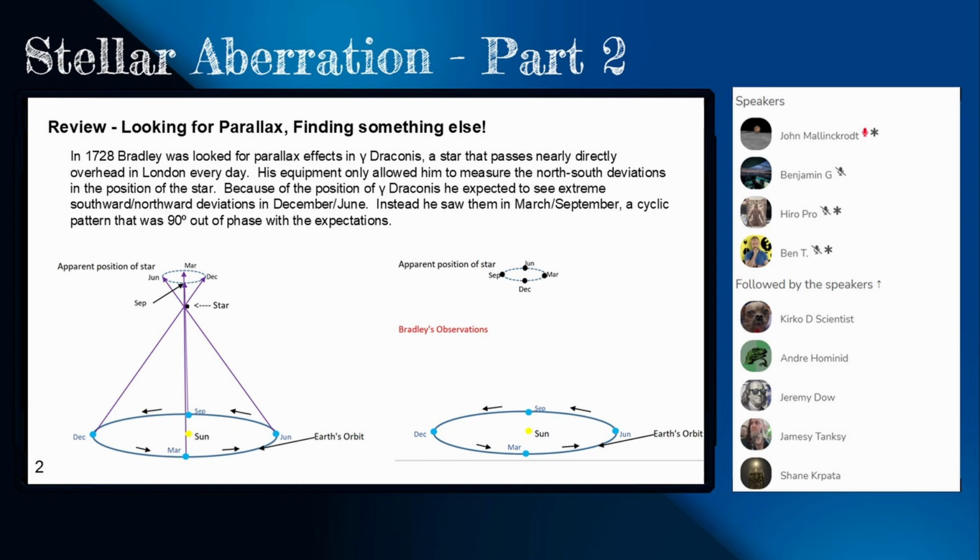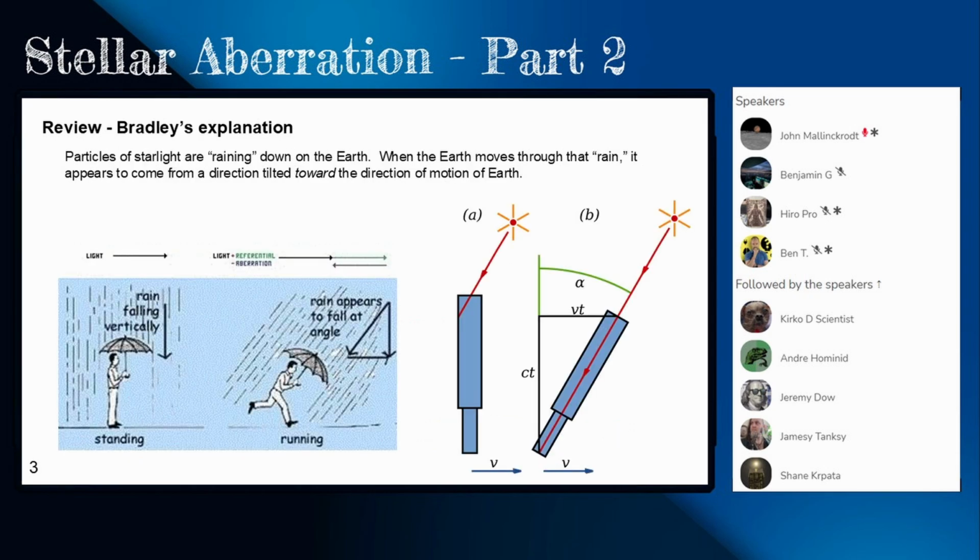But it didn't take him long, slide 3, to understand this in terms of this rain of particles coming down on the Earth, particles of light coming down on the Earth. As the Earth moved through that rain, it would appear to be coming more from the direction in which the Earth is moving.